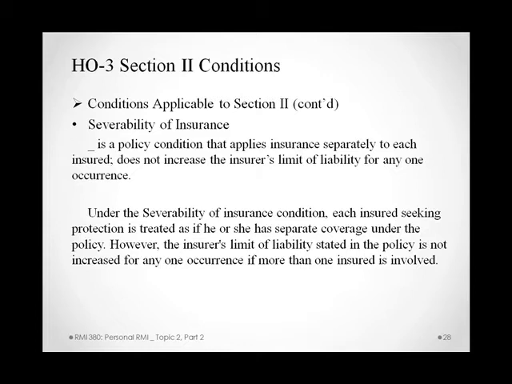So under the severability of insurance, multiple insureds covered under the same homeowner's insurance policy will be treated as if each has a separate coverage under the policy. However, the policy will not exceed any of the limits that it has defined, but it will cover a claim brought by one insured against the other insured.